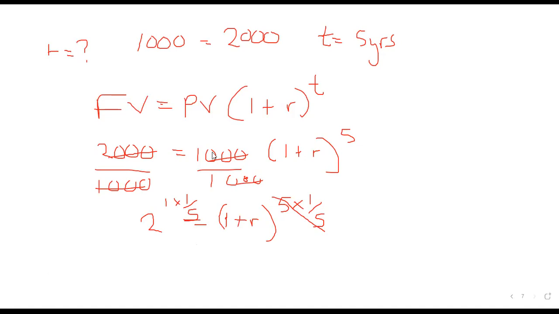So you're going to have 2 to the power 0.2. This is the only way these brackets will come out on the other side: 1 plus r. When the 1 goes to the other side, you subtract. 2 to the power 0.2 is 1.1487. So to find our r, it is 1.1487 minus 1. This gives us our r as 14.8%.